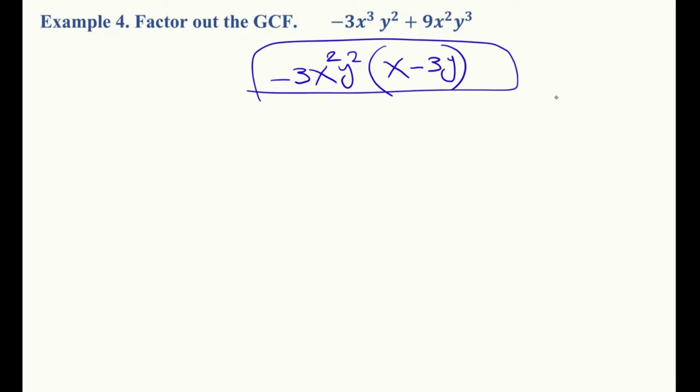Remember, another way you could have done this is to write the greatest common factor, and then just divide each of those original terms by the factor you've taken out.